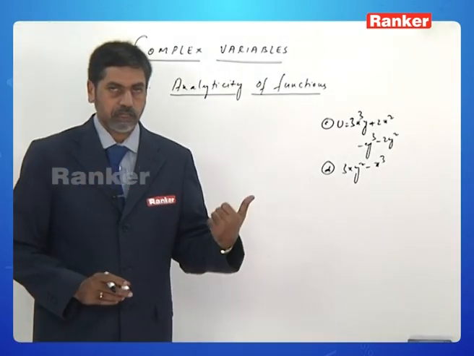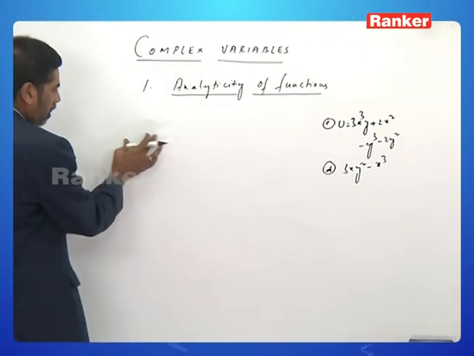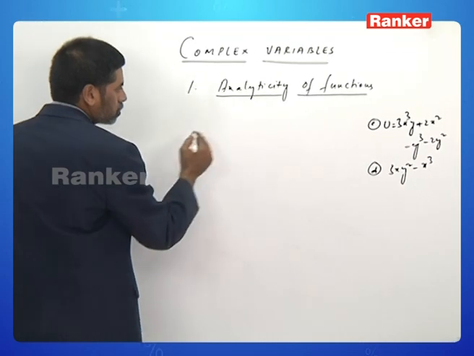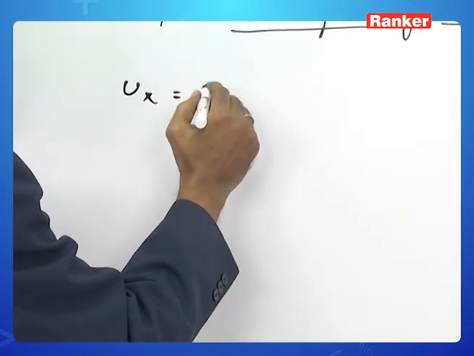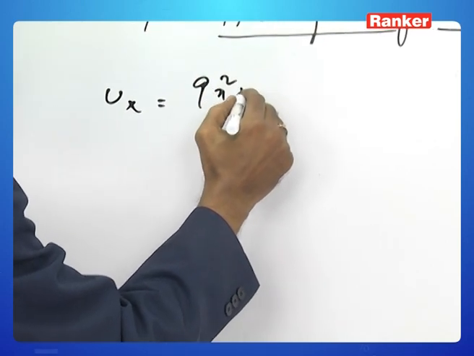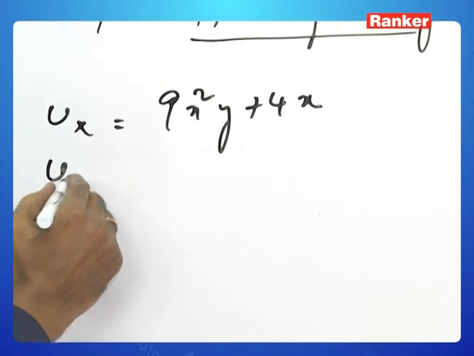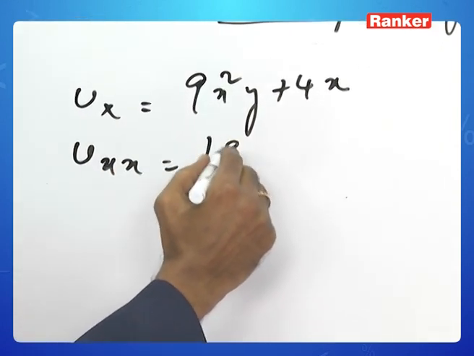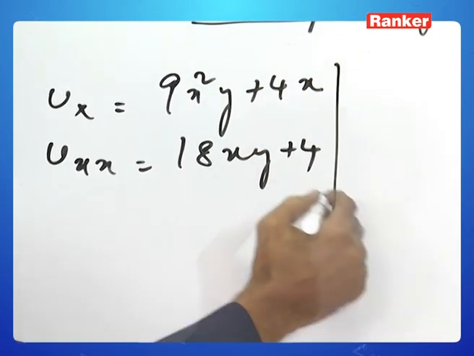Now let us try the third option and see whether that does not satisfy Laplace's equation. So ux is equal to 9x square y plus 4x. uxx is equal to 18xy plus 4. Let's take uy.